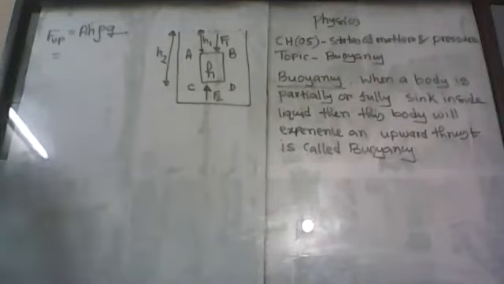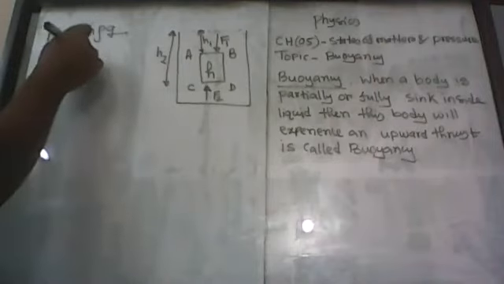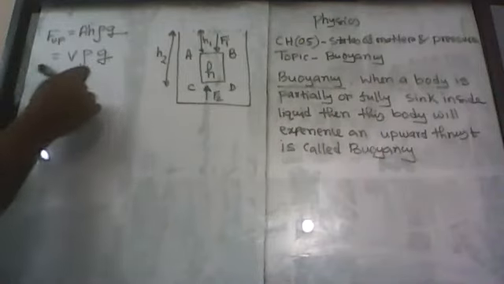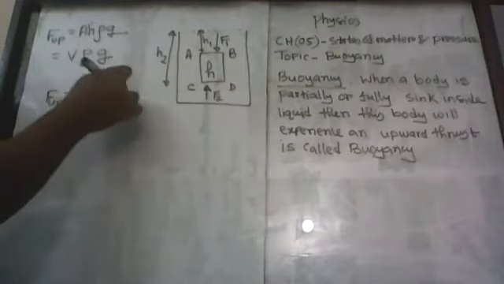Since A is area of cross section and H is height, A into H is nothing but the volume of this cylindrical shaped body. So the buoyancy force F upward will equal V rho G.